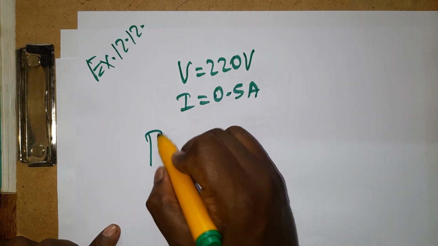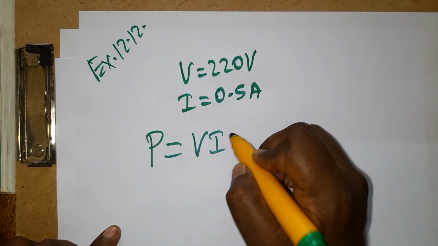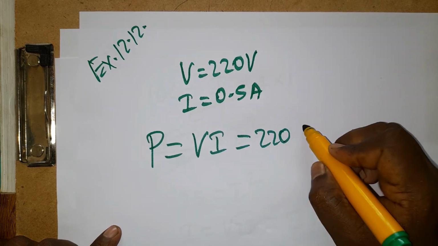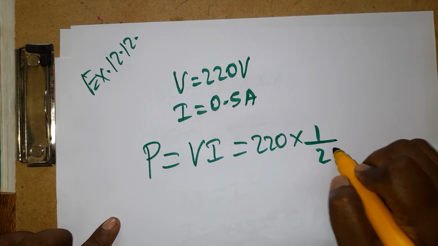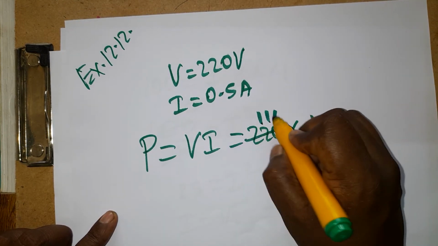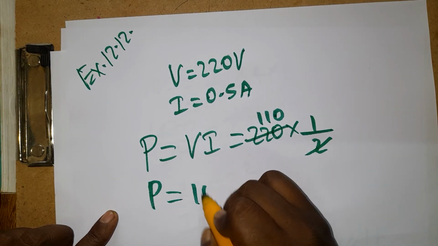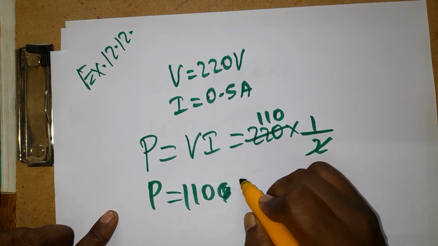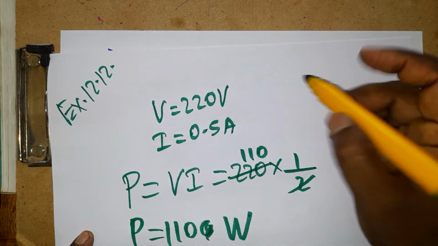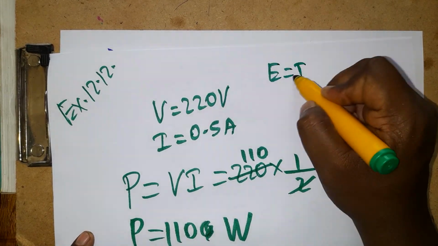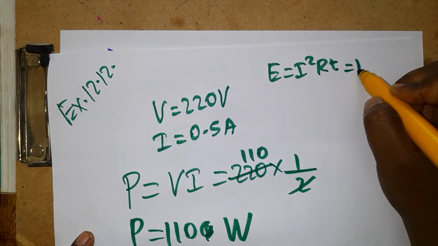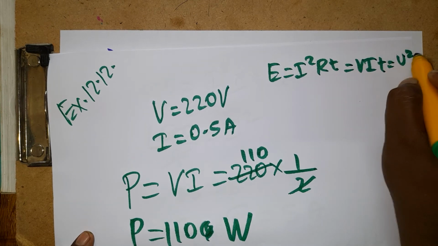Power is VI, so 220 into 0.5 gives 110. We are finding power, so the unit will be W. You can use the formula: energy is I square RT, or VIT, or V square by R into T.